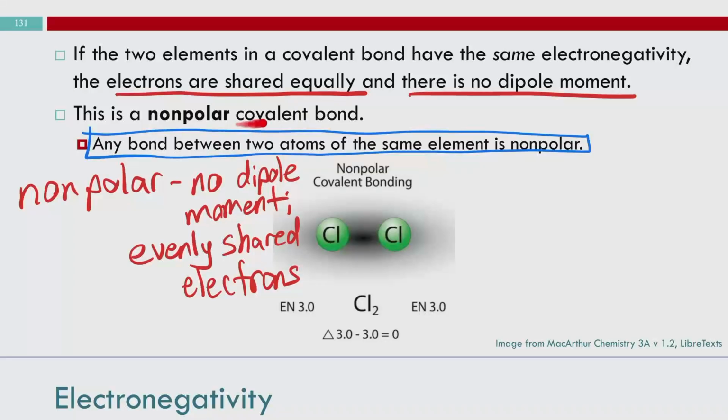They're still sharing the covalent bond. Sometimes you might also hear this called pure covalent. It's idealized sharing of electrons.